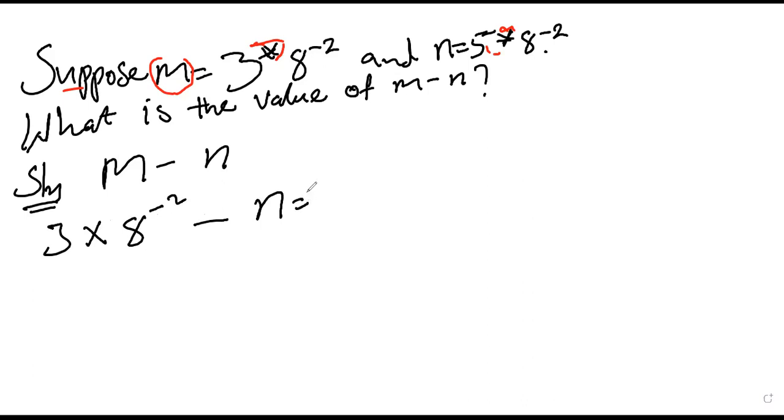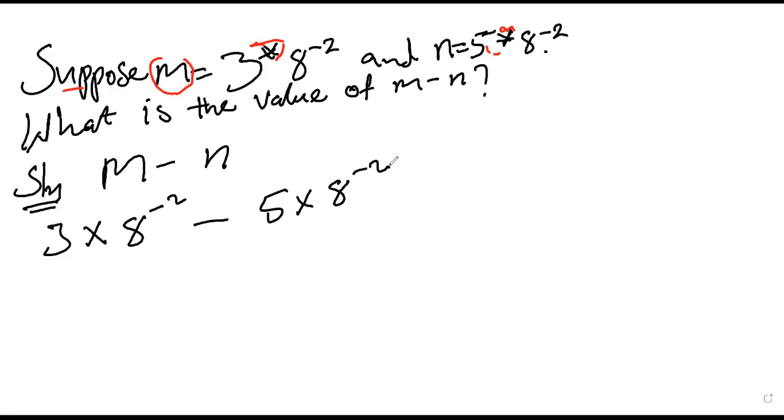I don't have to put that n anymore, sorry about that. We have 5, and that's the other part of it: 5 times 8 raised to the power of -2. So how do we do this?